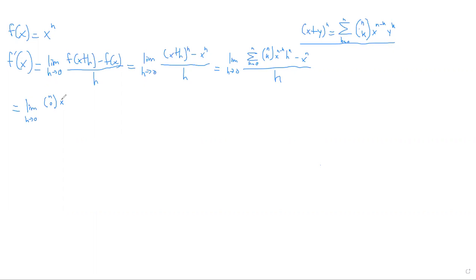When k is 0, that's just x to the power of n, and h to the power of 0 is just 1.